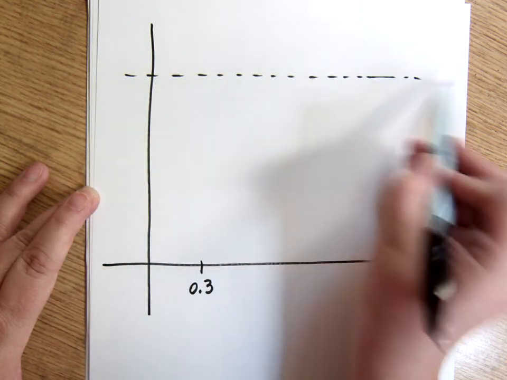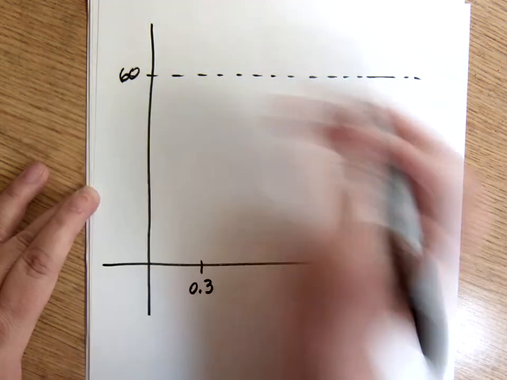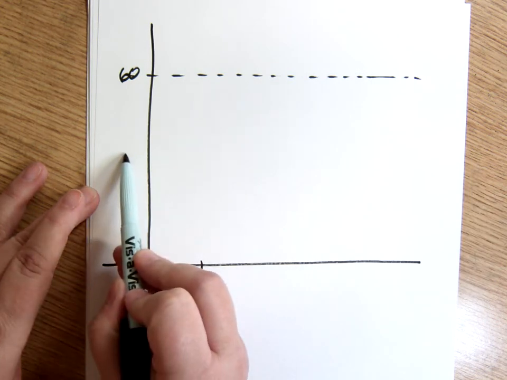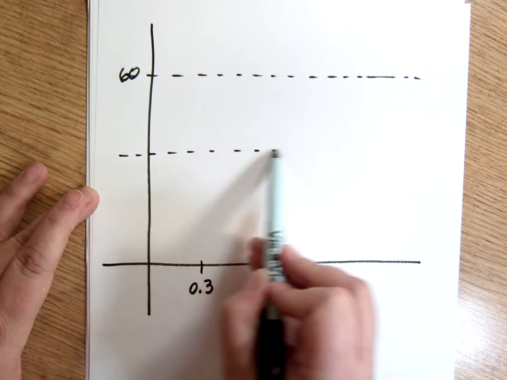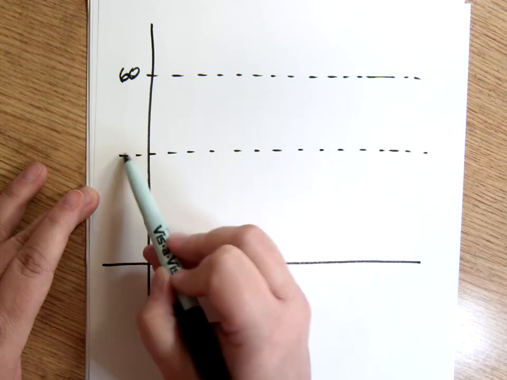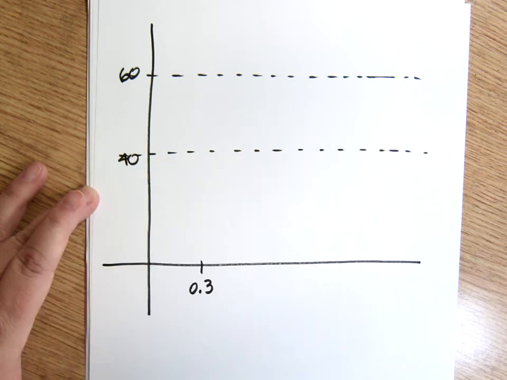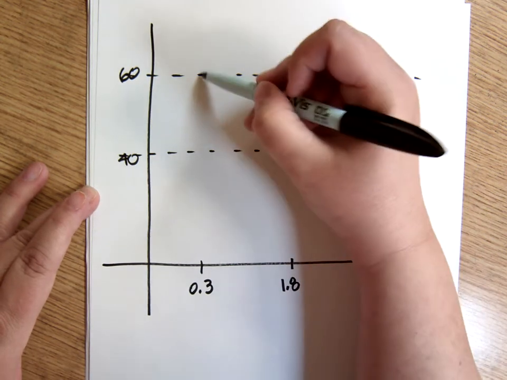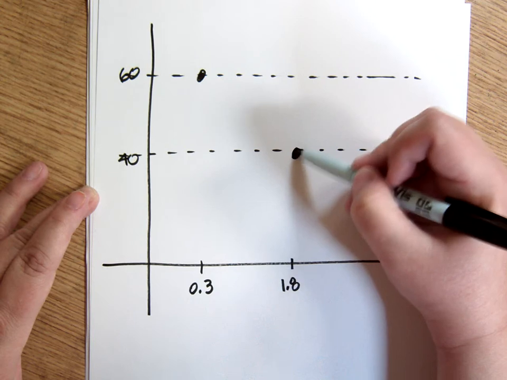And then the low was at 40, and that happens at 1.8 seconds. So high here, low here.